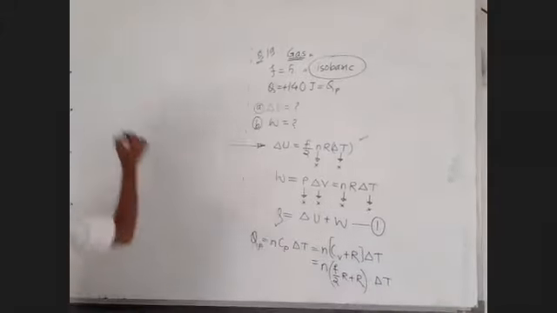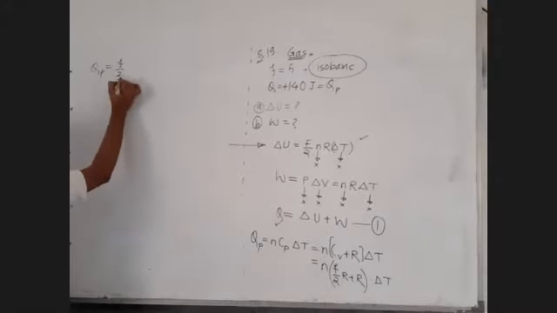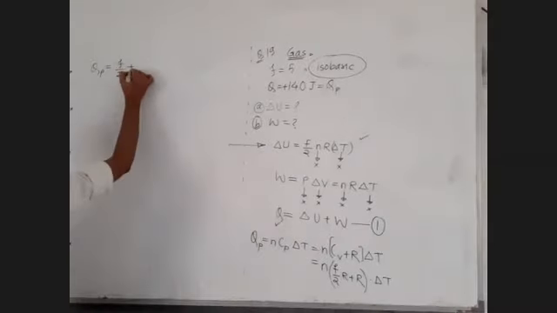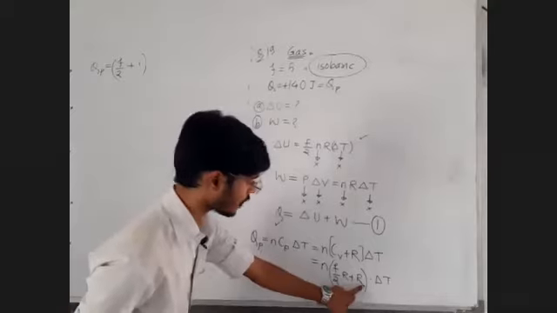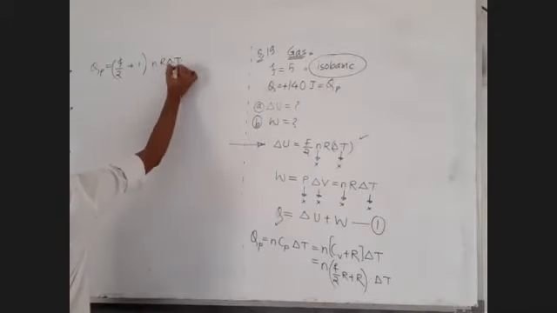So the value of Qp is equal to f by 2 plus 1, and n is common, R is common, delta T is also common. So nR delta T.